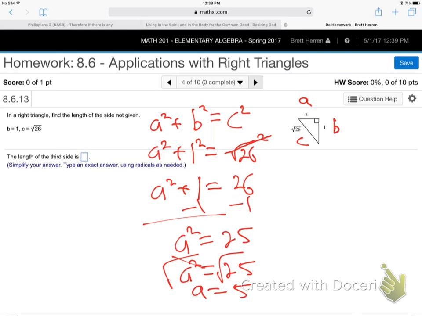So whenever you have a 2 power, how do you get rid of it? You root, but you got to do both sides. And the root cancels the 2 power, makes it a plain A. You getting the hang of 2 powers and roots, how they're always the opposite? So whenever we have one of them, we do the other one, then they'll cancel each other out. That good? All right.